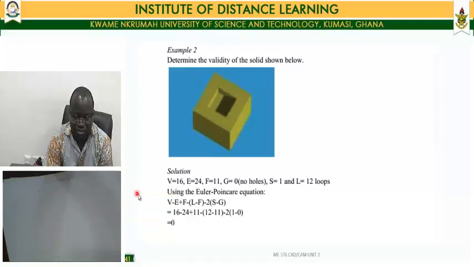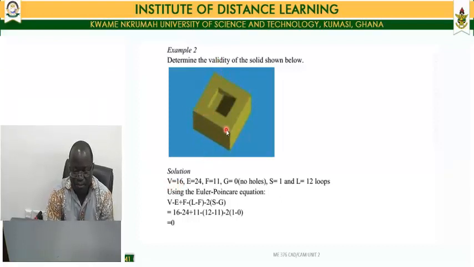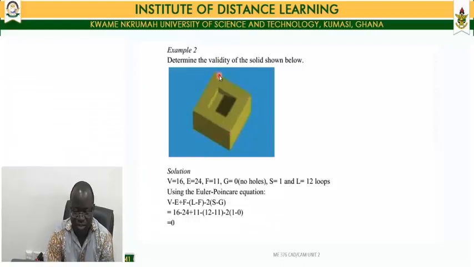Now we can count these edges outside here, which are 12, and we can also count the edges inside here as also 12 to give you 24. When it comes to the number of faces, we can count 6 faces for this bigger block, but when we come to the inner cube, you notice that it has lost one face, so it is 6 plus 5, we have 11.